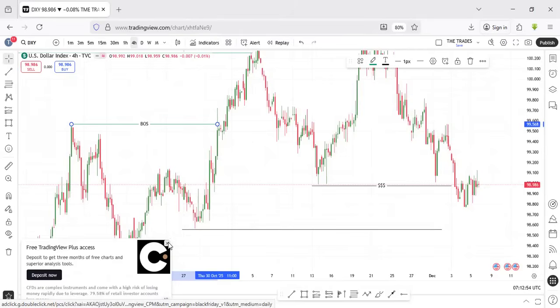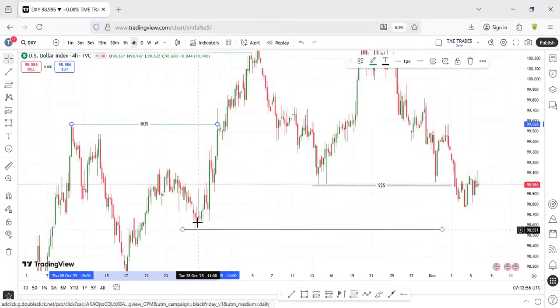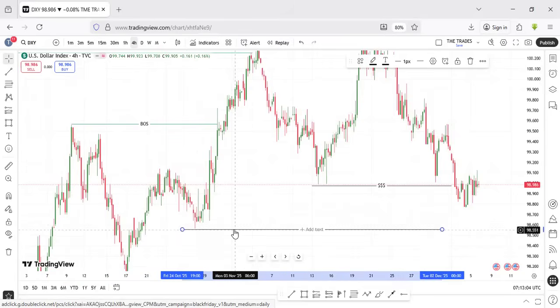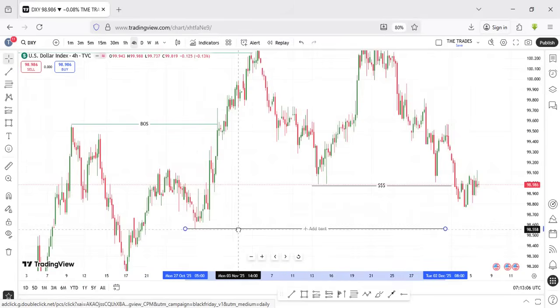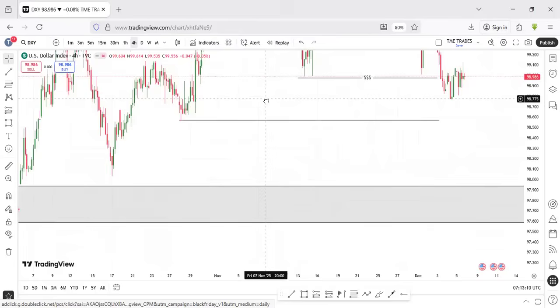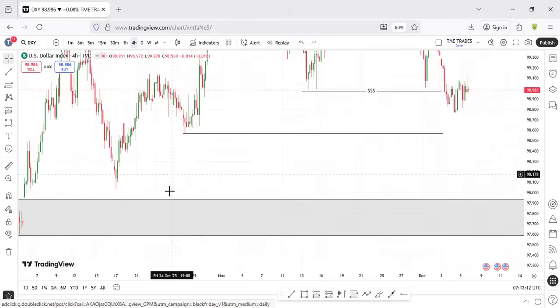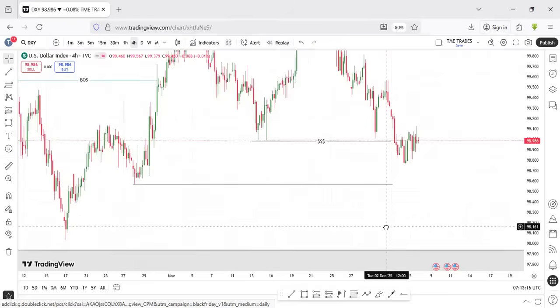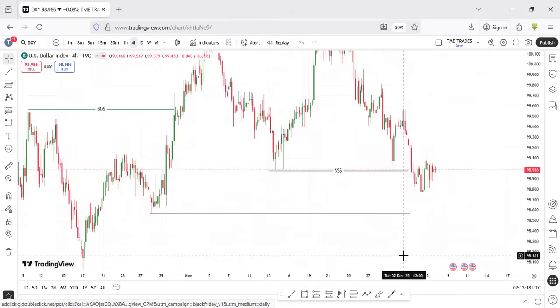We can see that this low was created before this break of structure, and this low did not sweep any liquidity, which is giving more room why we should be expecting this low to be taken out before continuation to the upside, which means we could see the market coming to this order block before more continuation to the upside.